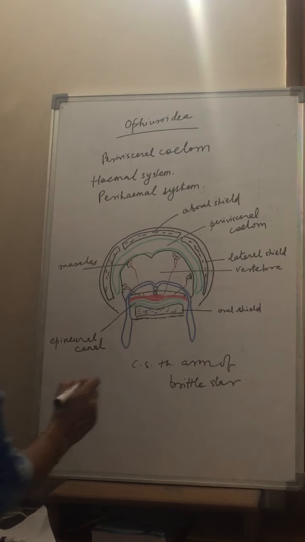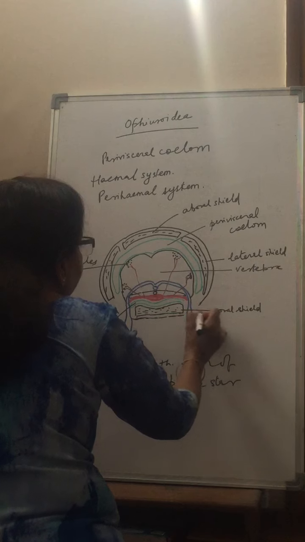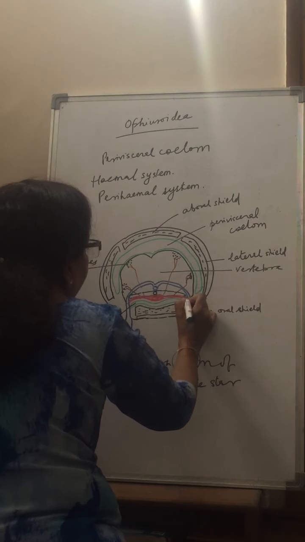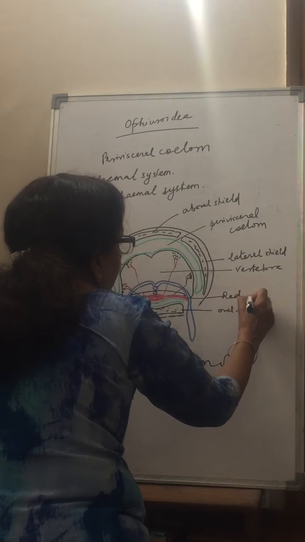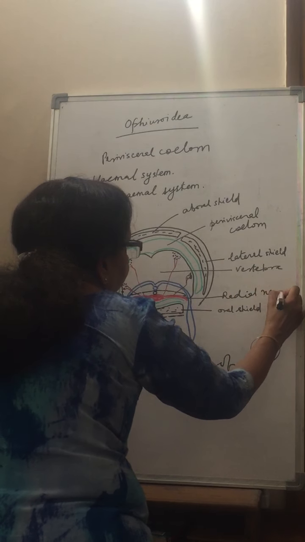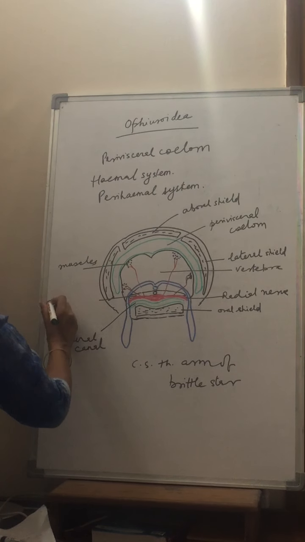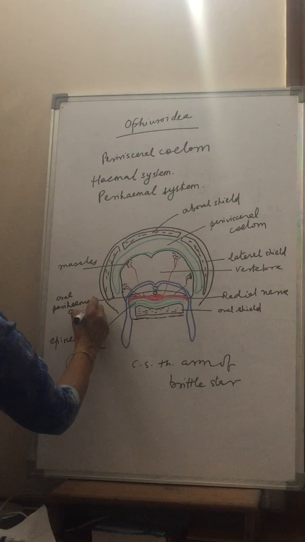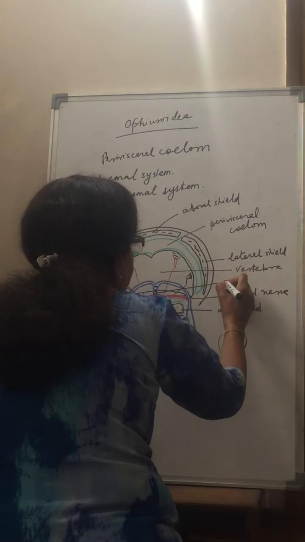So this is your oral shield, and this is the epineural canal. The one in red is the radial nerve. Above the radial nerve we have the oral perihemal canal.